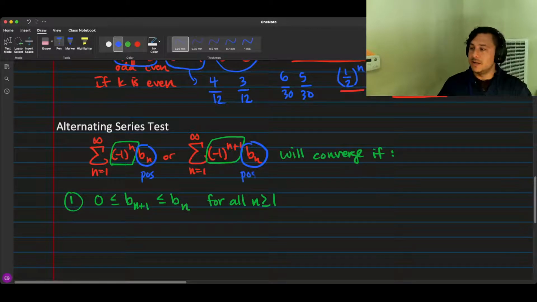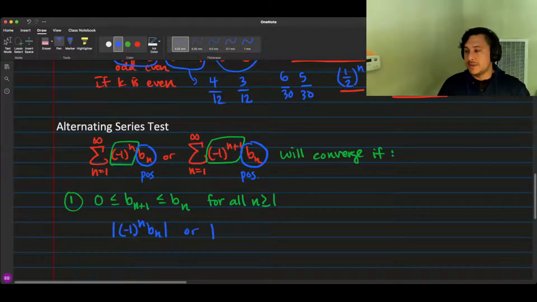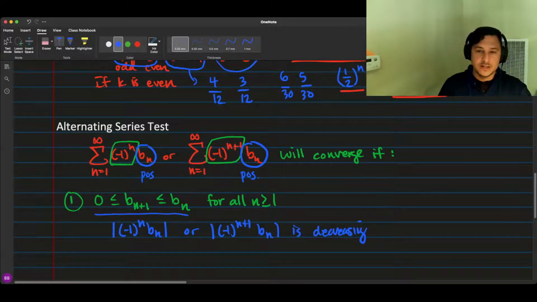So it's the part that I highlighted in green that switches it back and forth between positive and negative. A really quick way of saying it would be that the absolute value of negative 1 to the n bn, or negative 1 to the n plus 1 bn, is decreasing. But you can just say here that the bn terms are decreasing.